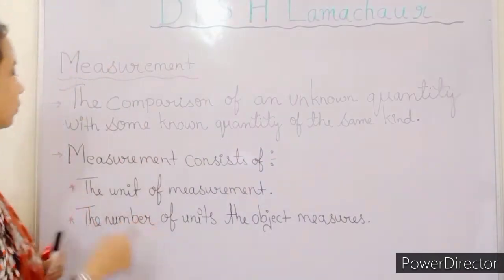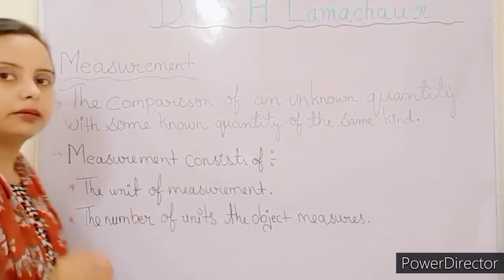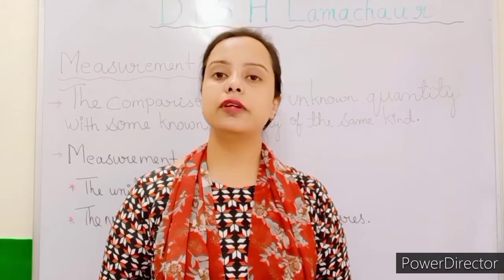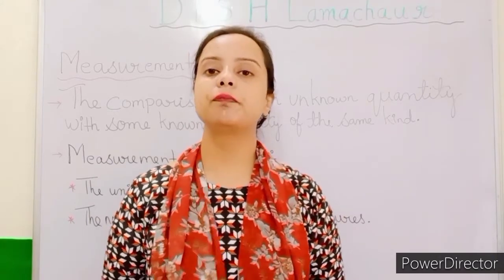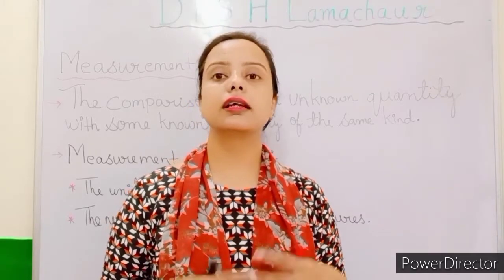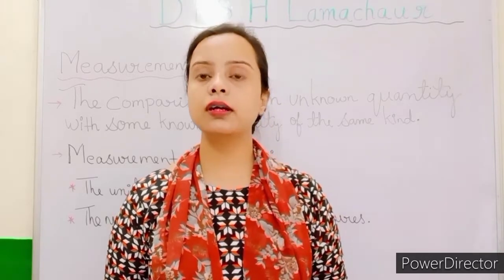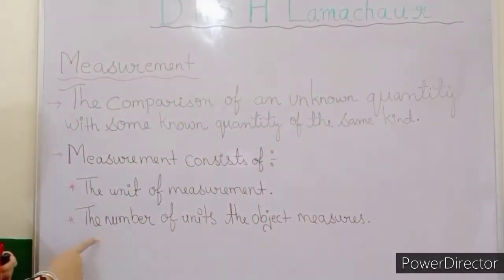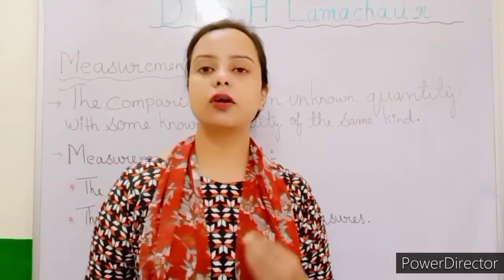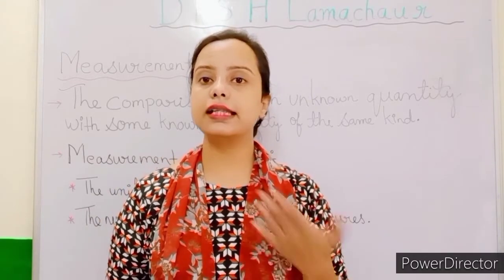Measurement consists of the unit of measurement. If we are taking the measurement of any object, first of all we should know the unit of measurement, like meter, centimeter, or kilometer. All these are units of measurement. Then there is the number of units the object measures, like 1 meter or 10 centimeter.